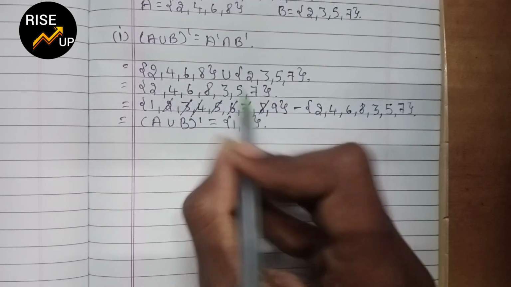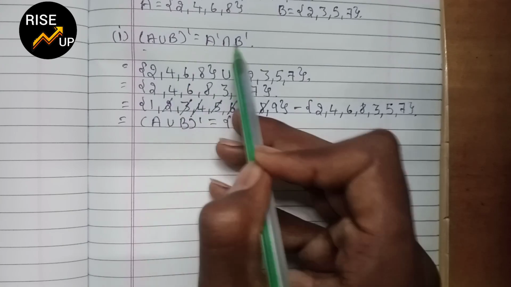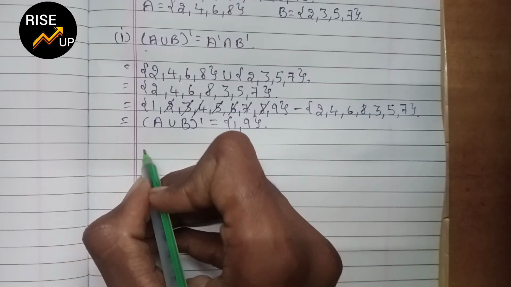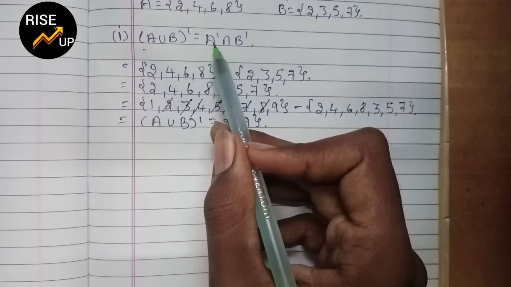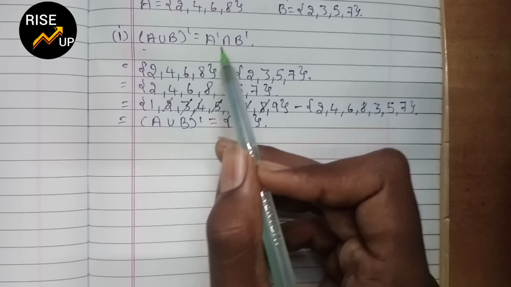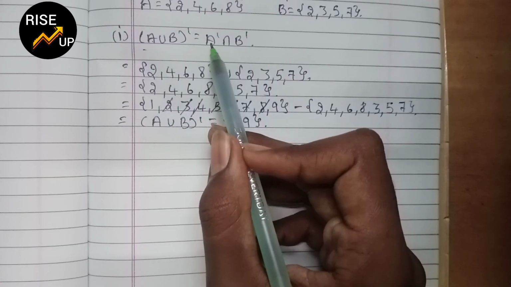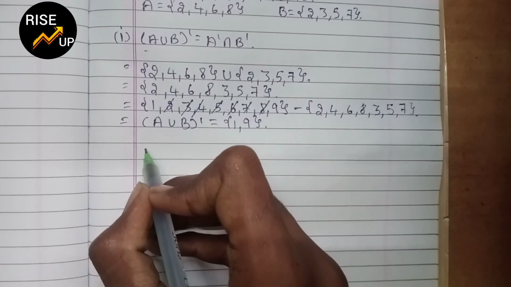Now the left hand side part is over. We'll move to the right hand side part. What is the first step you should do? Do the complement of set A. How will you do it? You should subtract the elements of set A from the universal elements.